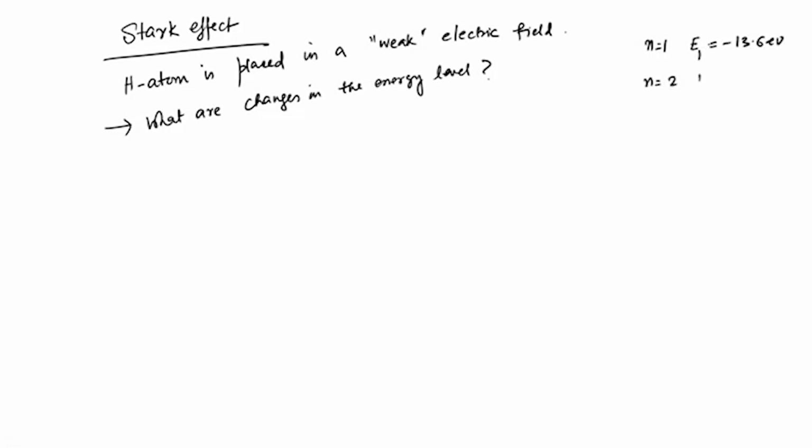N equal to 2 has an energy which is minus 3.4 electron volt, which is this 13.6 divided by 4. How these different energy levels respond to the perturbation due to that electric field being applied, which is a weak electric field. Then the question is that how the hydrogen atom, or what degree of freedom couples with the electric field. Okay. That is the main question.